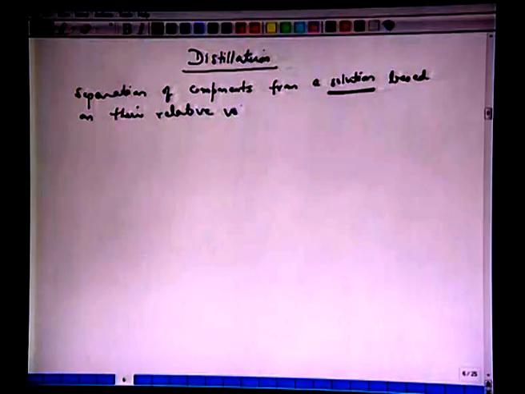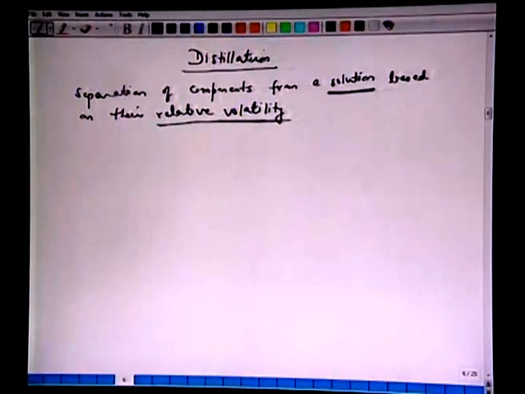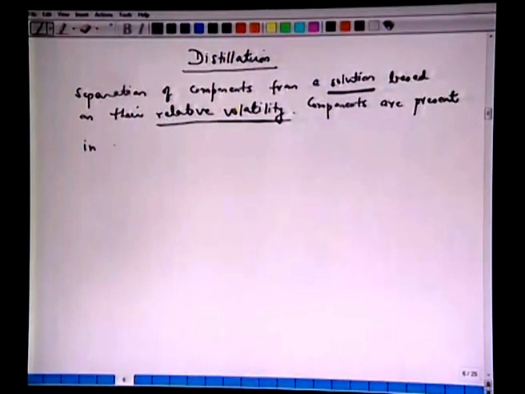based on their relative volatility. All right. So, this is the mechanism. Here it is not solubility, which we did in case of absorption. More important here, or also important to note here, is that components are present in both phases, which is gas or actually vapor plus liquid.